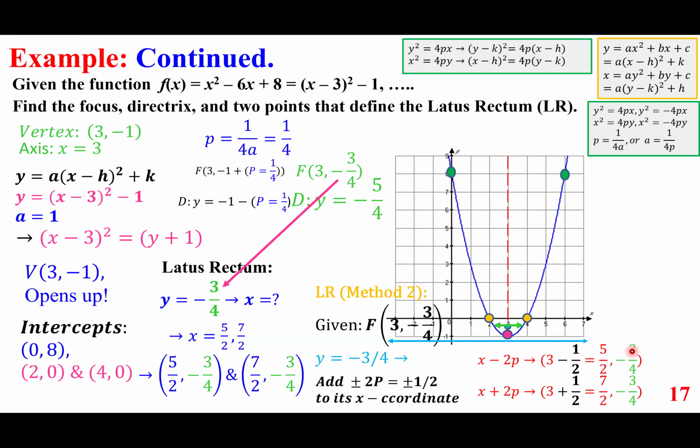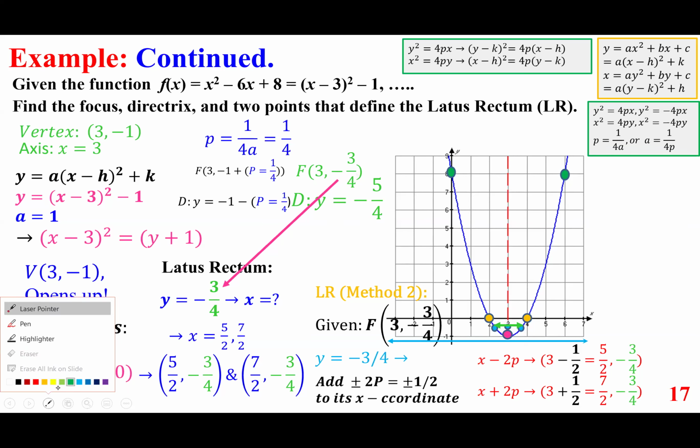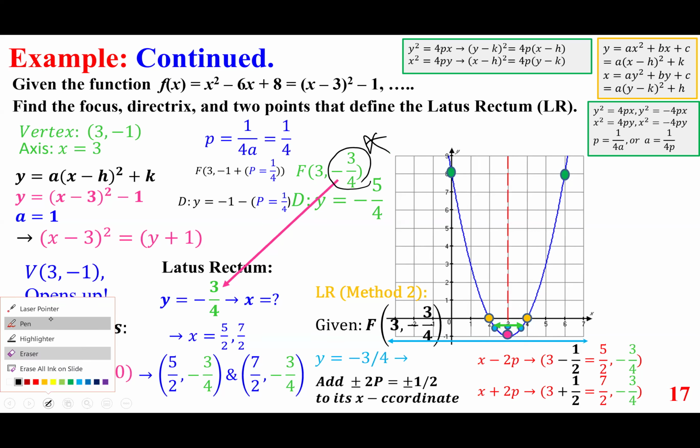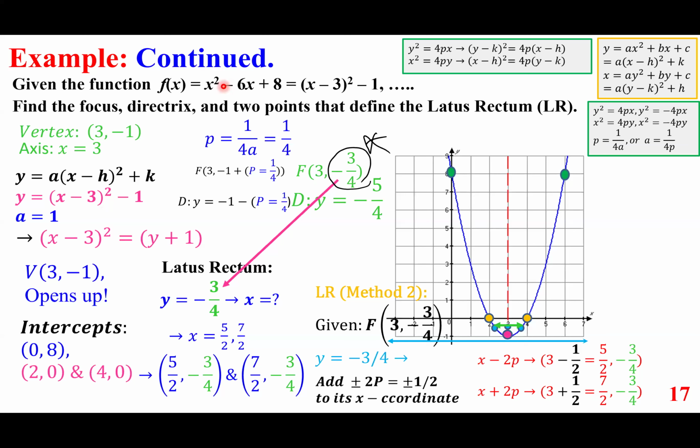We are interested in finding the coordinates of these 2 points. These 2 points and the focus have the same y coordinate. You can put it into the equation given and find the missing x coordinates, which are 5/2 and 7/2.